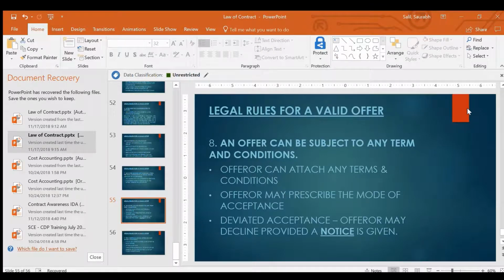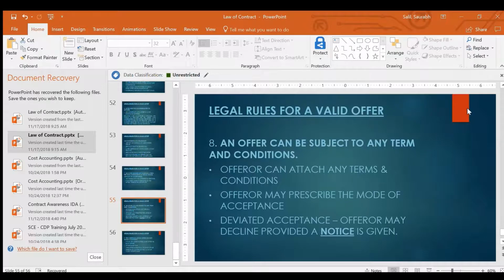So this is a case of deviated acceptance. In this case, the offerer may choose to decline the acceptance as valid acceptance, provided, very important point, provided he gives a notice of the same to the offeree of such deviated acceptance. If he does not give any notice, the offerer is deemed to have accepted the deviated acceptance, right?